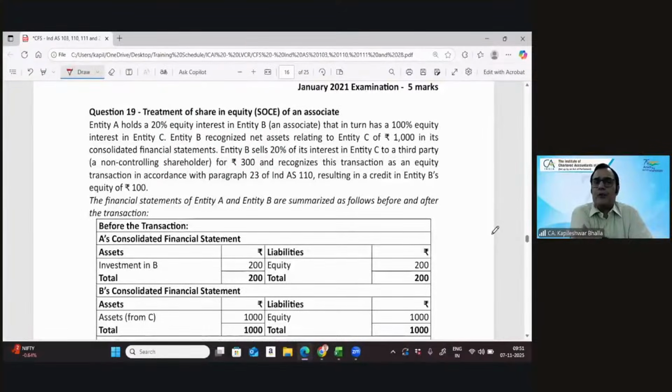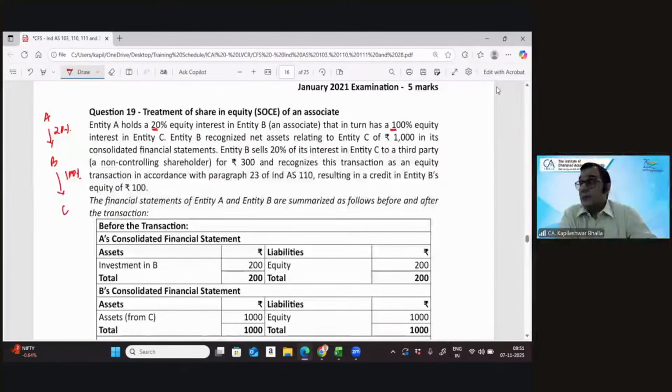It says in the question, A has got a 20% stake in B, an associate, which in turn has got a 100% interest in C. So A has got a stake in B, which is 20%, and B has got a stake in C, that is 100%.